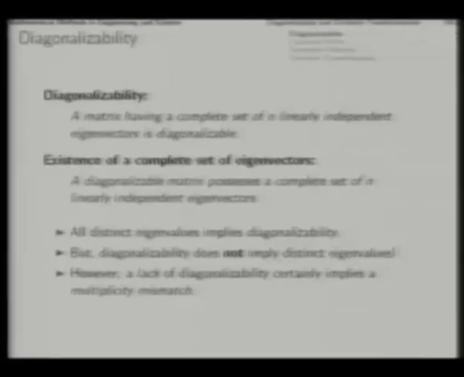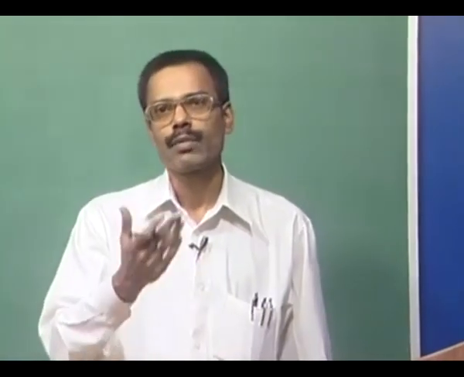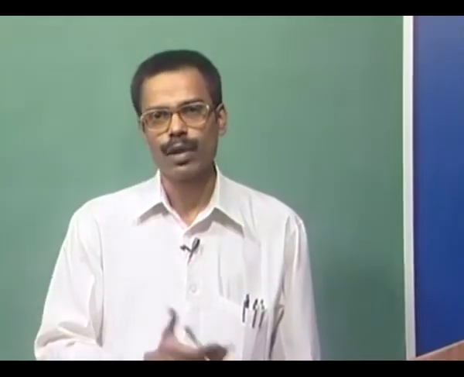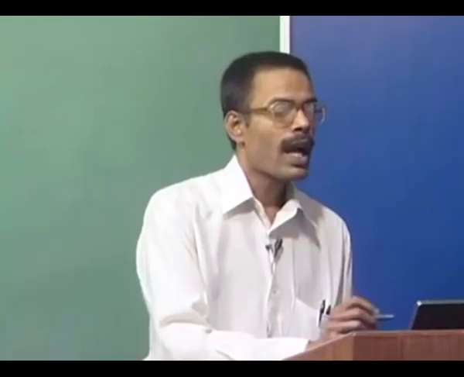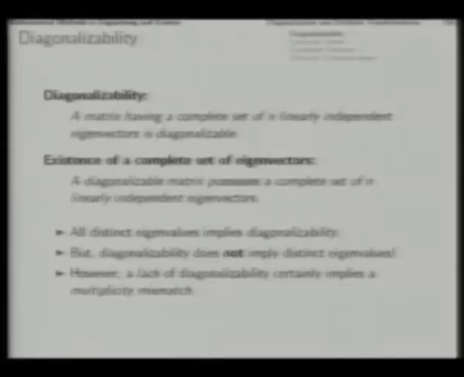That means an eigenvalue must have one eigenvector associated with it, if not more. So, if there are n distinct eigenvalues, each will have one eigenvector, so n eigenvectors are guaranteed, and that implies diagonalizability.